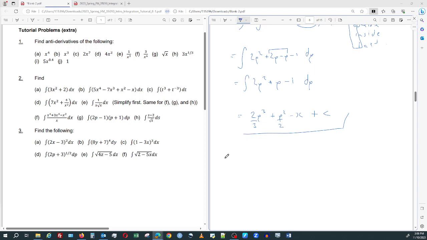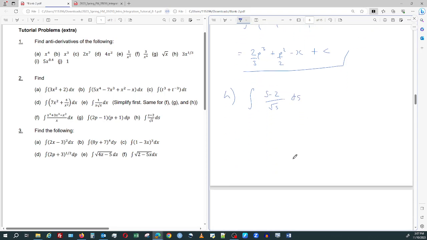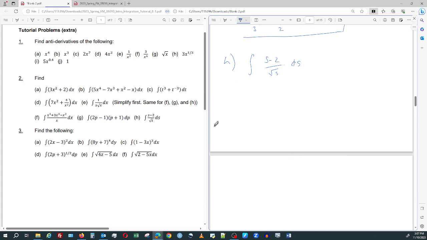Alright, let's have a look at h. For h, we've got integrate s minus 2. Yes, now there's two ways for you to do your pre-work. It's entirely up to you how you do your pre-work.